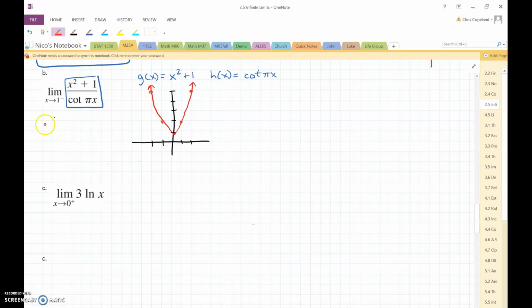Okay? And what we're going to do here, we're going to take the limit of just g of x. Or let's look at it this way, so you can see it. I'm going to do the limit of x squared plus 1 as x approaches 1 from the left, and divide that by the limit of cotangent of pi x as x approaches 1 from the left.